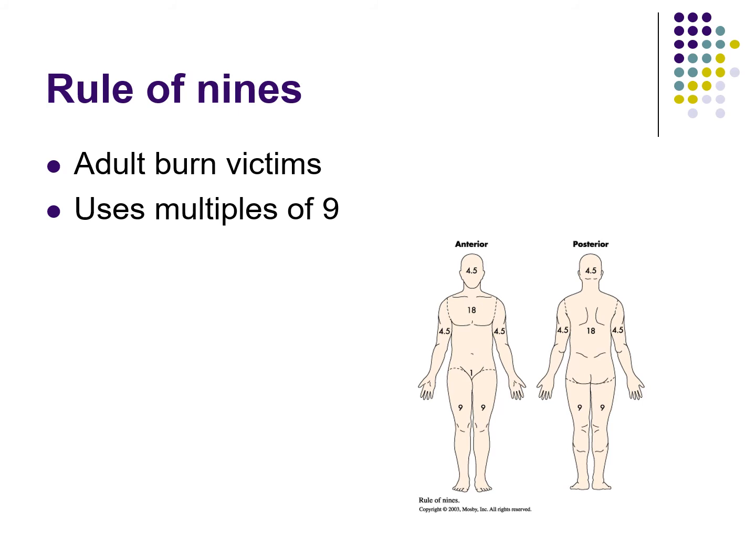The entire arm, then that's going to be 9. You'll count the front and the back. If you total everything up, you're not going to quite get to 100. They do allow 1% for the genital area, but everything else is based on factors of 9s. So take a look at that and just be aware that this is a strongly recommended concept to know, especially for NCLEX.